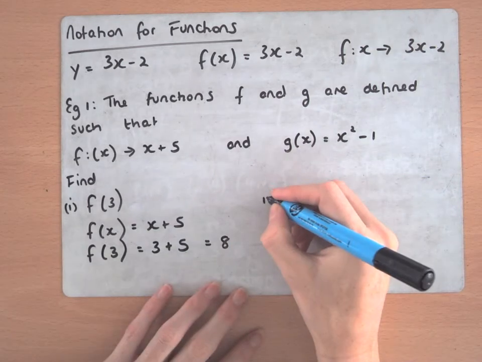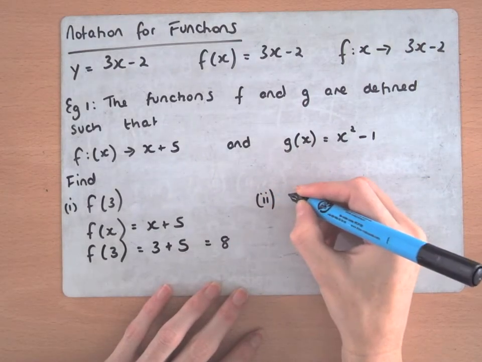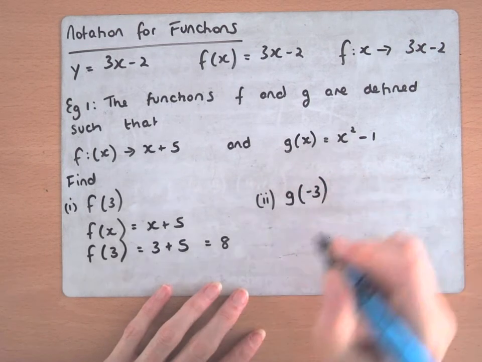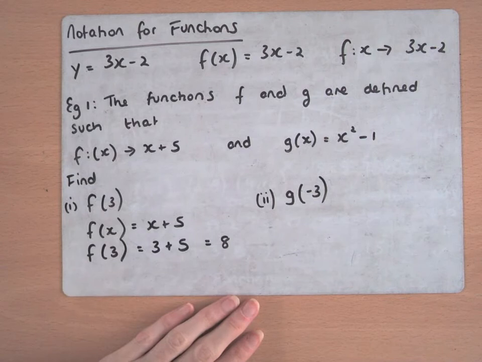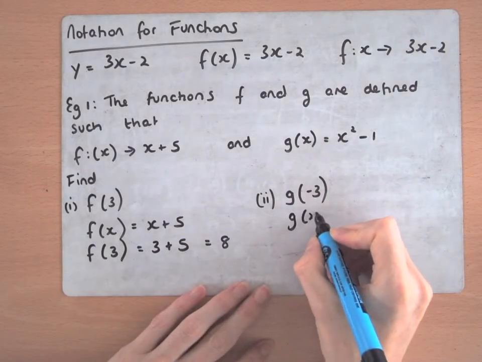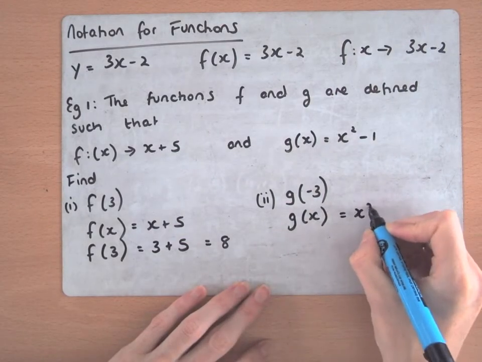Part 2. Part 2 wants me to find g of minus 3. First thing you do, write down g of x. G of x is x squared minus 1.